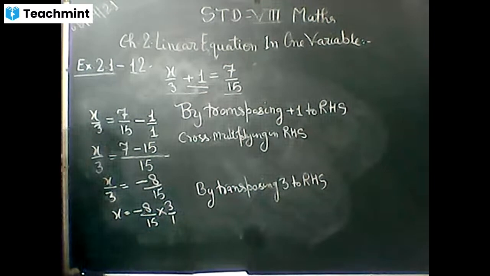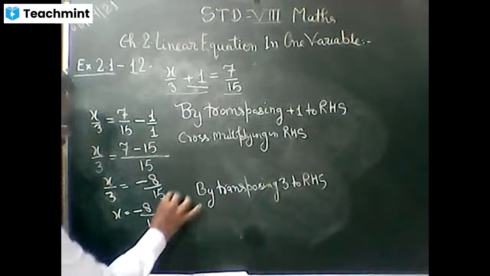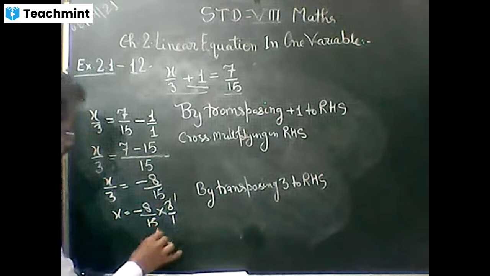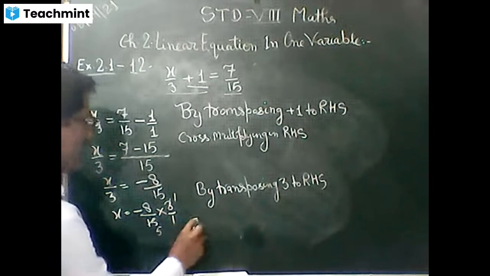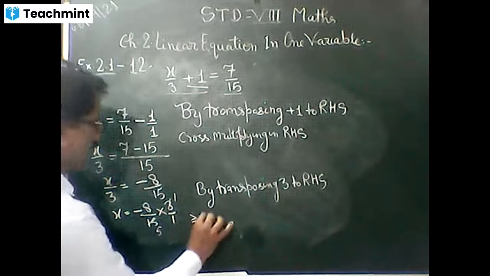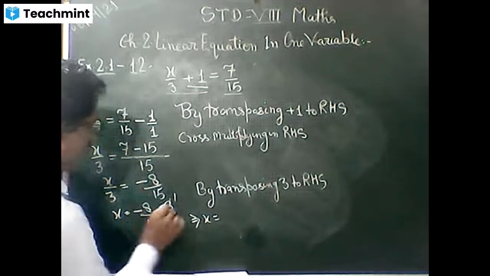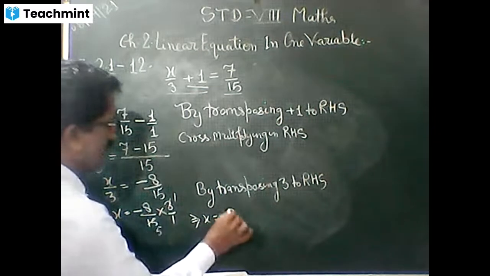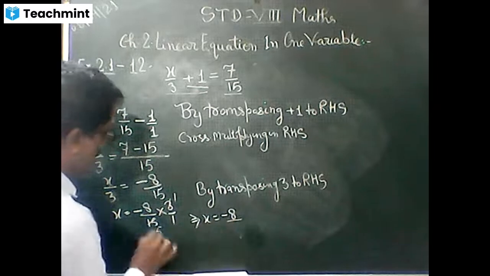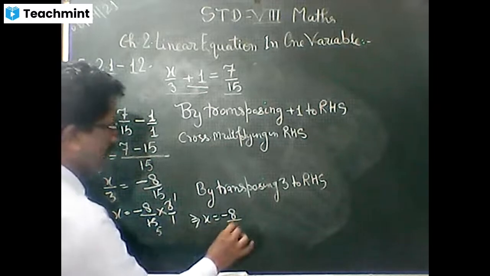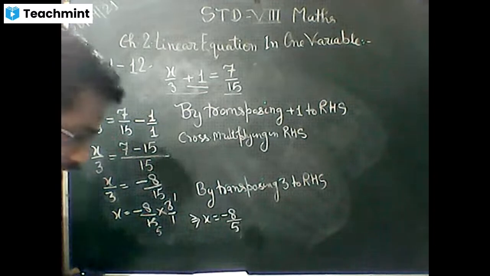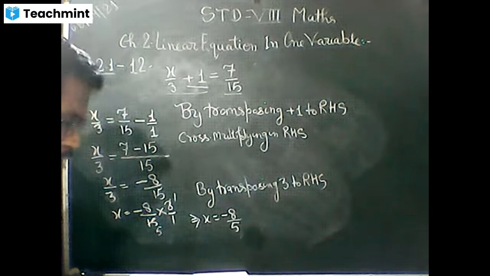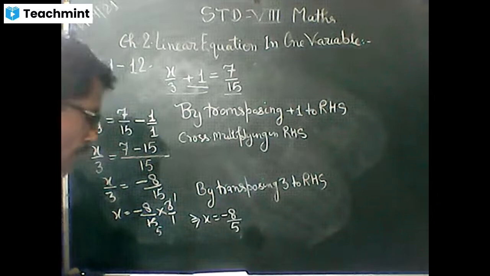Now you can solve it. 3 ones are 3, 3 fives are 15, and next x equals minus 8 by 5. Minus 8 ones are 8, plus 5 ones are 5. So the value of x is found to be minus 8 by 5.